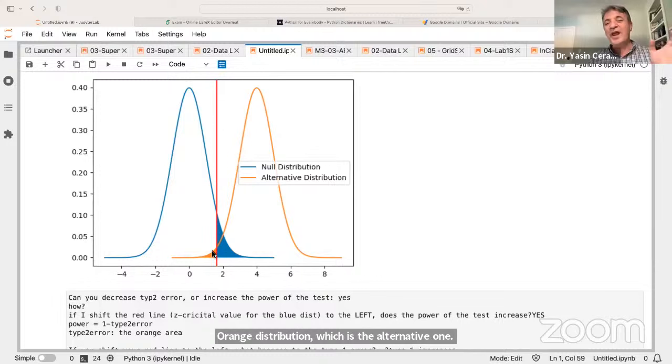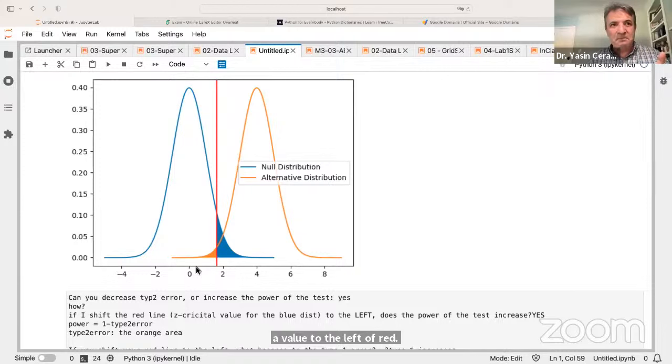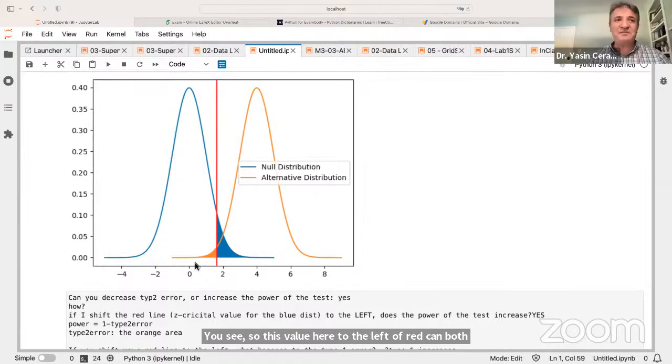Even though it is so rare for that result to come from this orange distribution, it happens that it is coming from a value to the left of red. You see, this value to the left of red can belong to both blue and orange, but it is more likely that it belongs to blue than to orange, because orange has a very small area on the left of this red line.